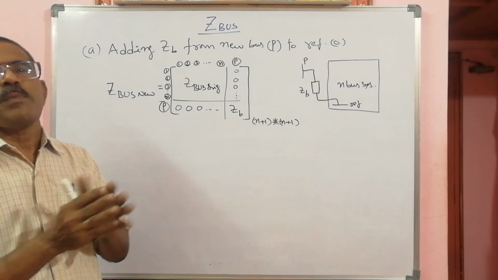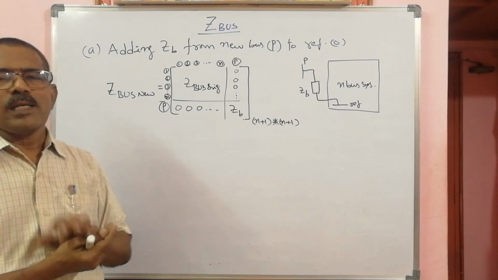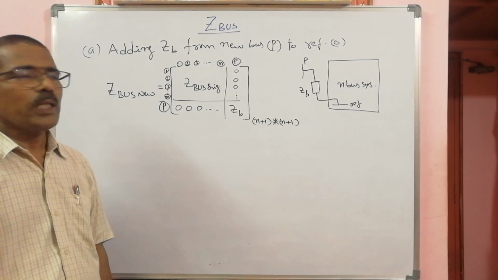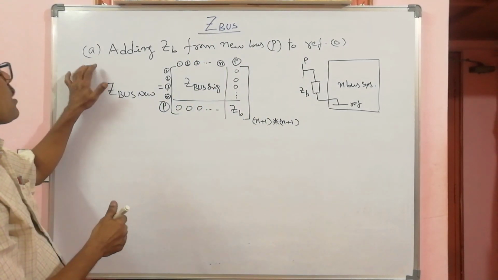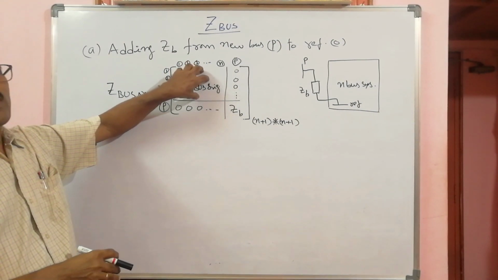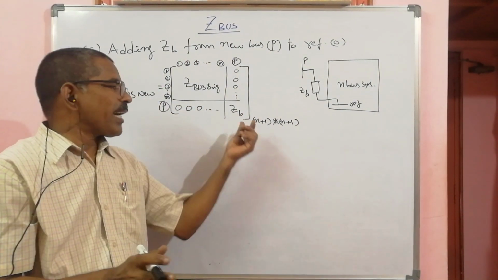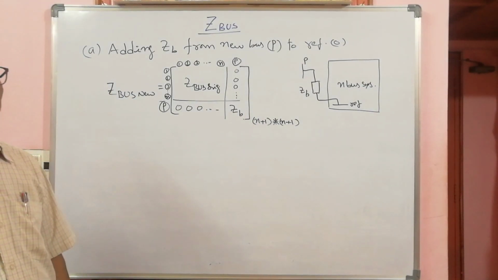ZB if it is A plus JB something, then you write here A plus JB. Or ZB if it is only, let us say 5 ohms, you write here 5 ohms. Okay. So the first case, case A, it is very, very simple. You take Z bus original as it is, add a column and a row with all zeros except diagonal. Diagonal value is ZB.